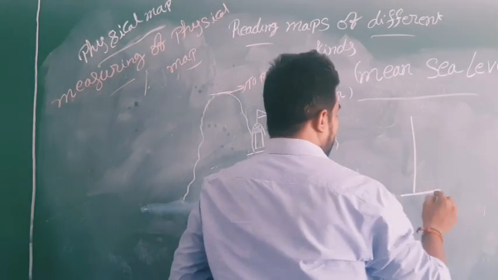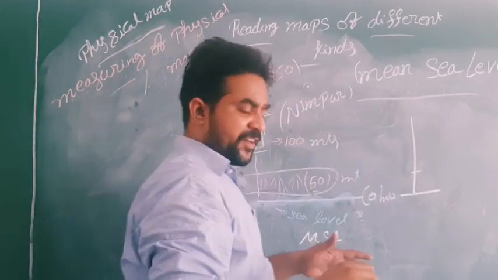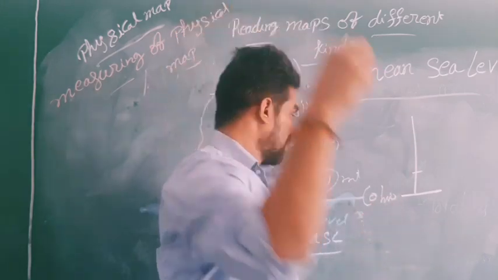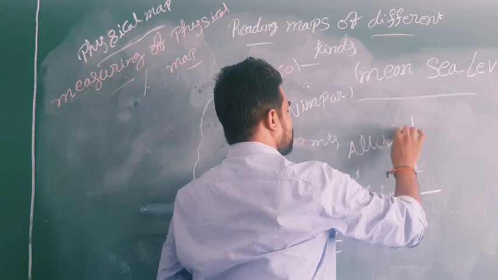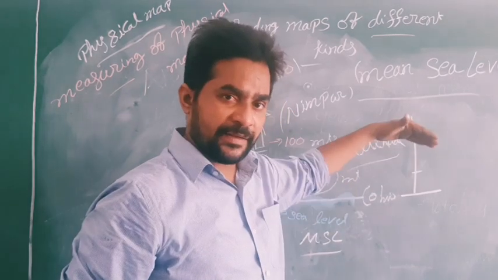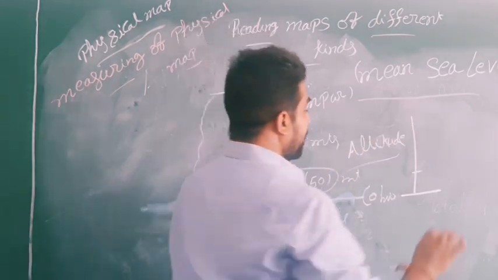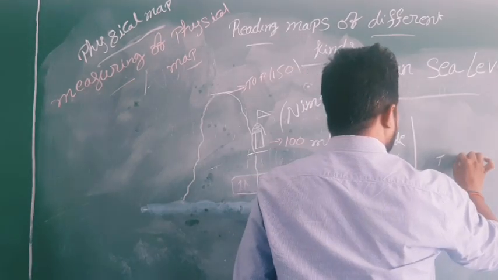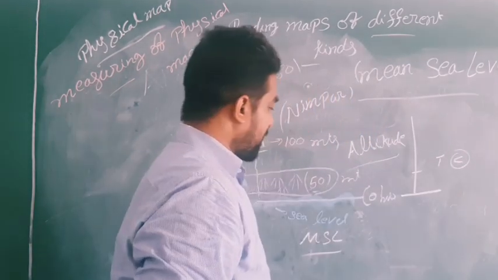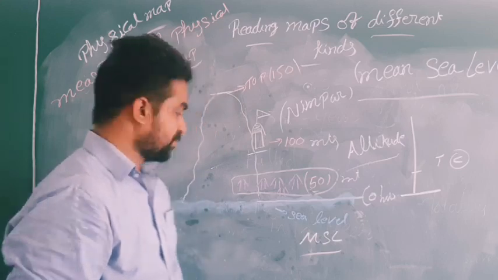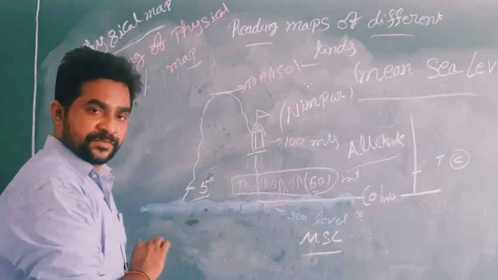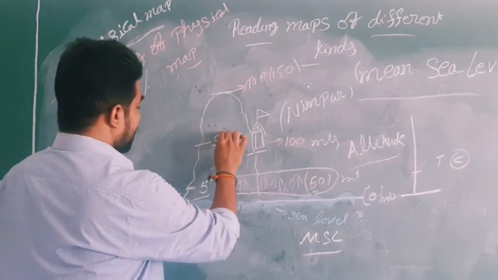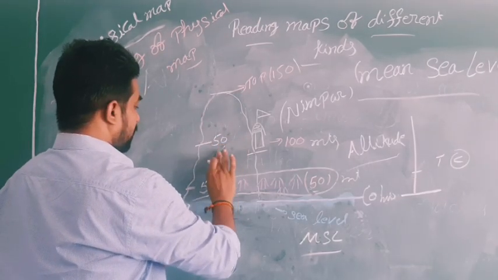If we go to a higher altitude, altitude means a high area, the temperature decreases as you go up into the atmosphere. For example, if you stay here, the temperature is 5 degrees. If you go to 50, it is 4 degrees.